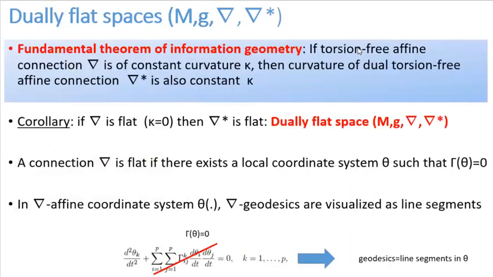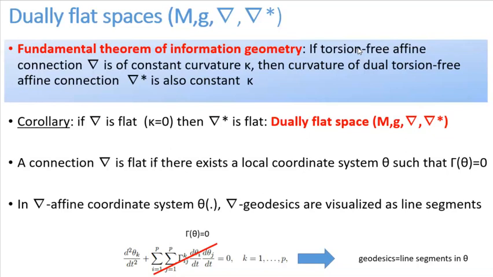So now, why is curvature important? Because in Riemannian geometry, there's the fundamental theorem of Riemannian geometry. It says that there's a unique metric connection that is called the Levi-Civita connection. So there's a canonical way to get a connection. And in information geometry, there's something that I have called, very humbly, the fundamental theorem of information geometry.